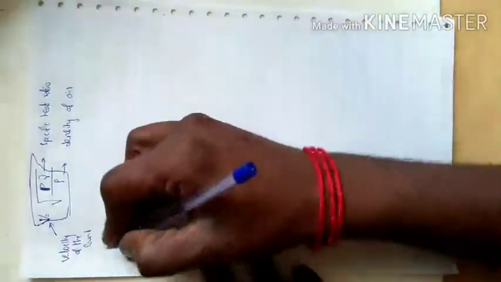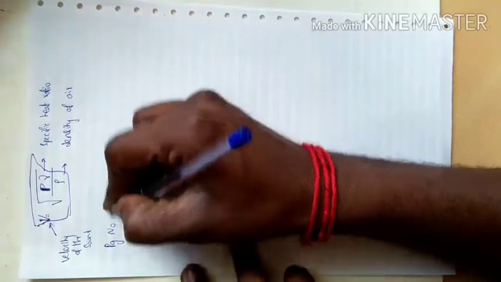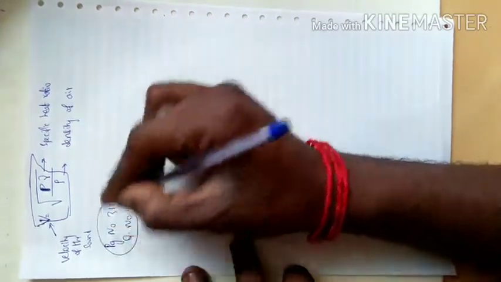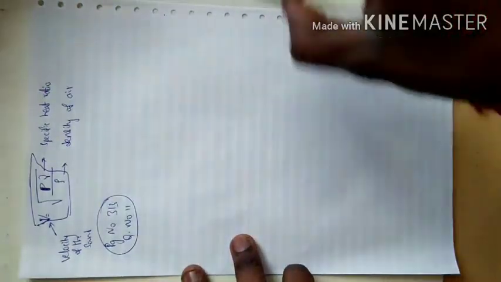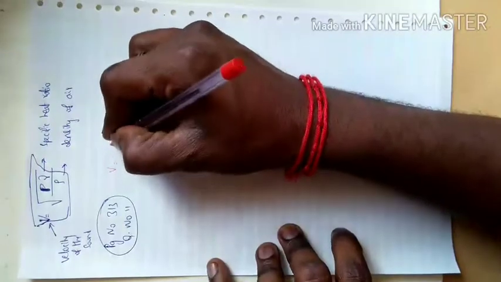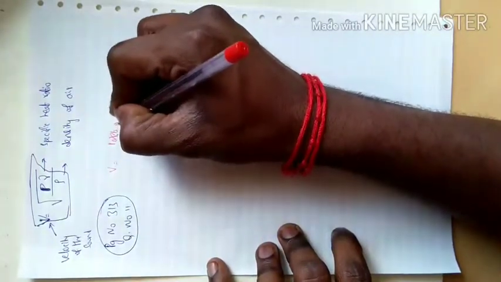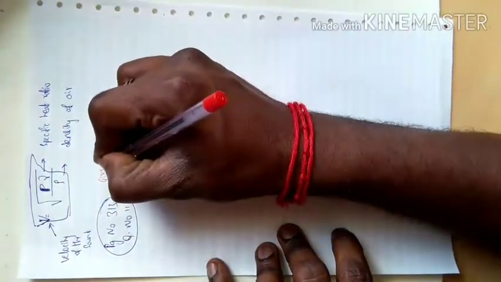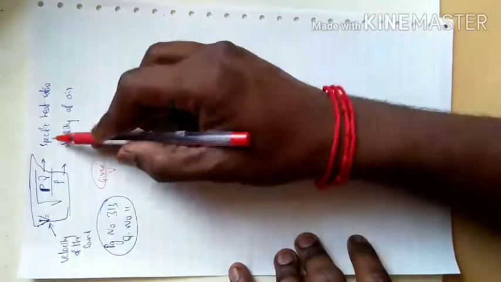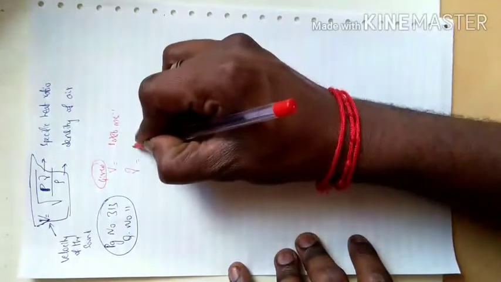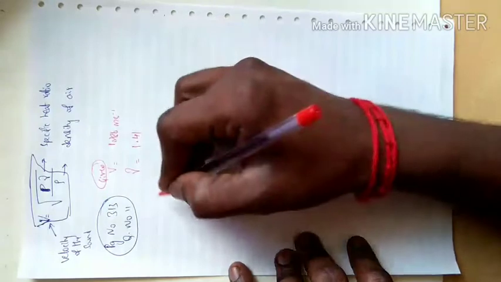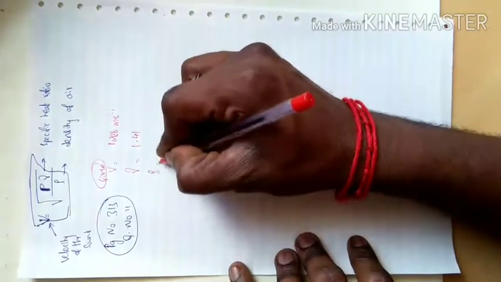Let me write the given question number, page number 313, question number 11. Let us discuss the problem. What is given? The velocity of the sound in hydrogen, V is equal to 1286 meter per second. The specific heat ratio, gamma, is given as 1.41 for hydrogen, and they are asking you to calculate the density of hydrogen.